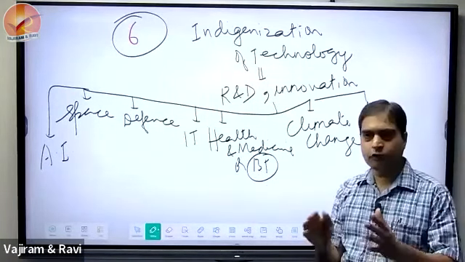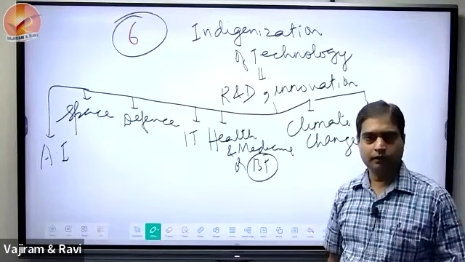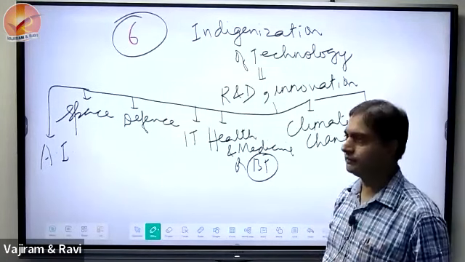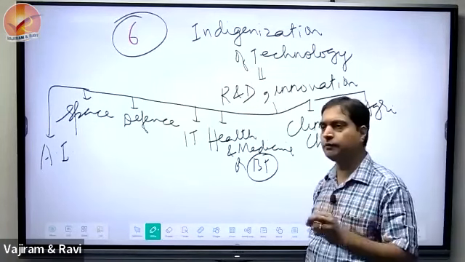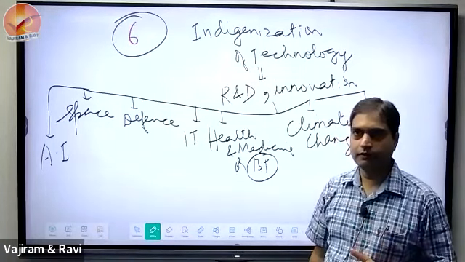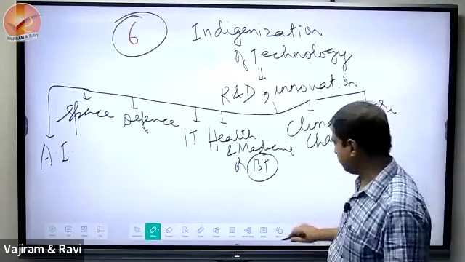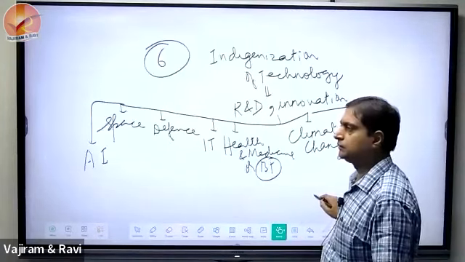So the special focus of government is on what? To make India self-reliant. Self-reliant indicates here what? The principle of that Atmanirbhar Bharat concept. So that is reflected in this chapter of indigenization of technology.